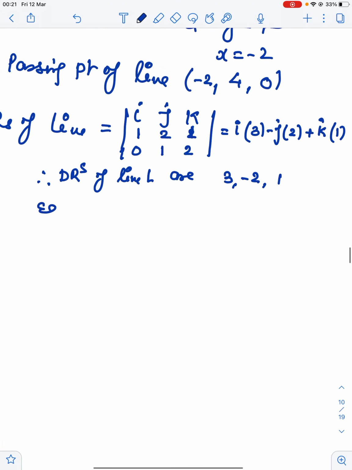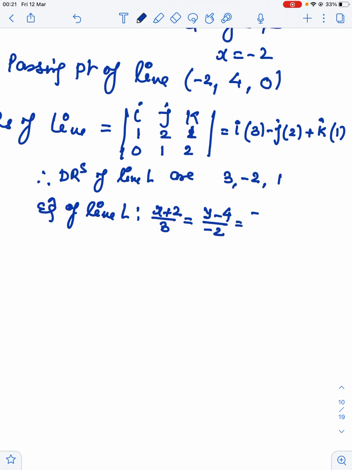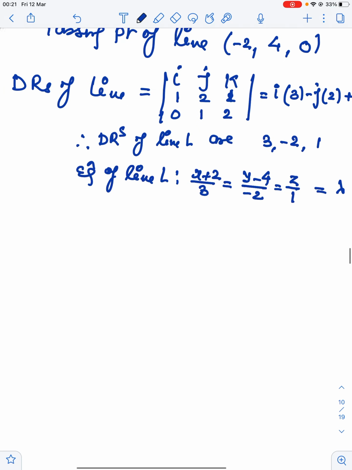Hence the equation of line L, with the passing point already known and the direction ratios, will be (x plus 2) by 3 equal to (y minus 4) by minus 2 equal to z by 1, equal to say lambda. Now we have to see the concept again.